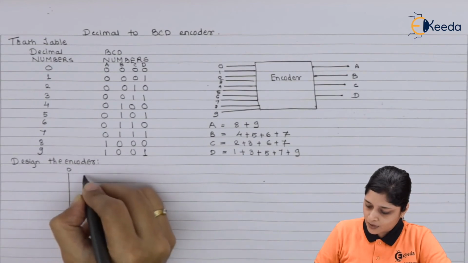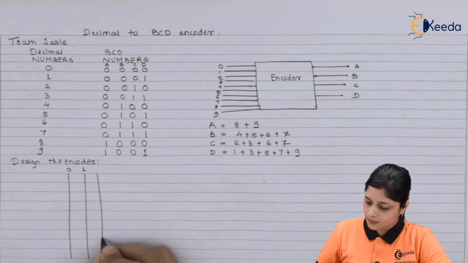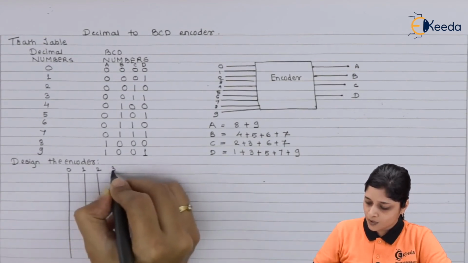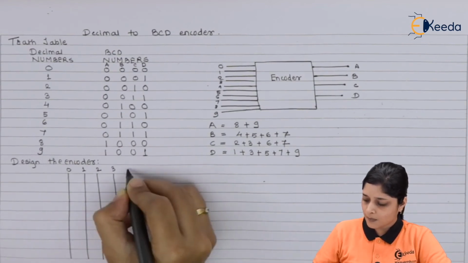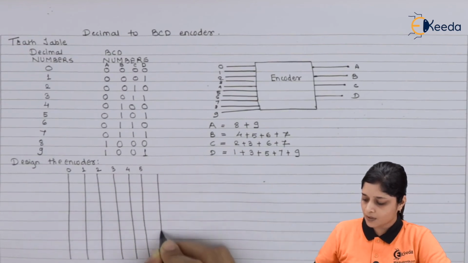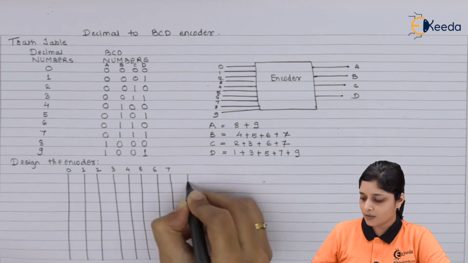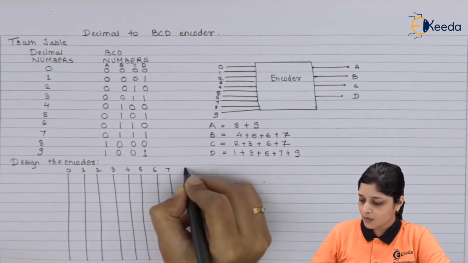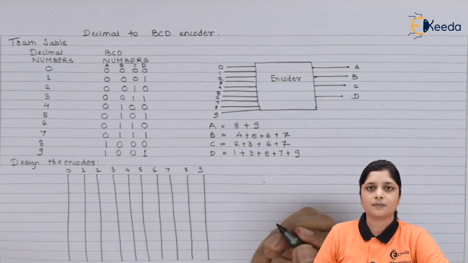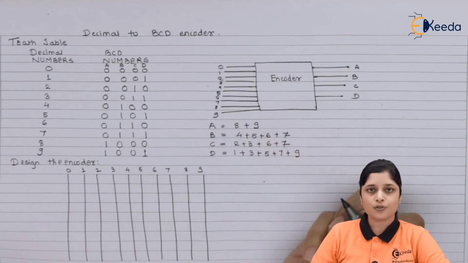This is the line for 0, 1, this is for 2, 3, 4, 5, 6, 7, 8 and 9. Now each output you have to show separately.